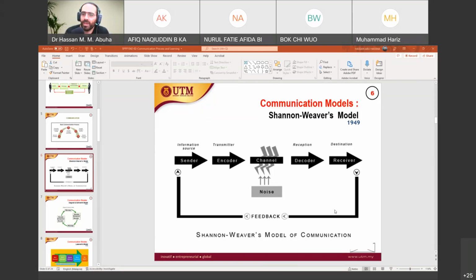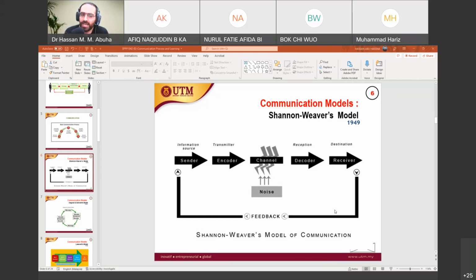And then finally, we have the decoder receiver, which is the one who receives the information. What do I mean by a decoder here is I am referring to, are the students able to actually decode the information, or not all the information is clear for my students to understand?